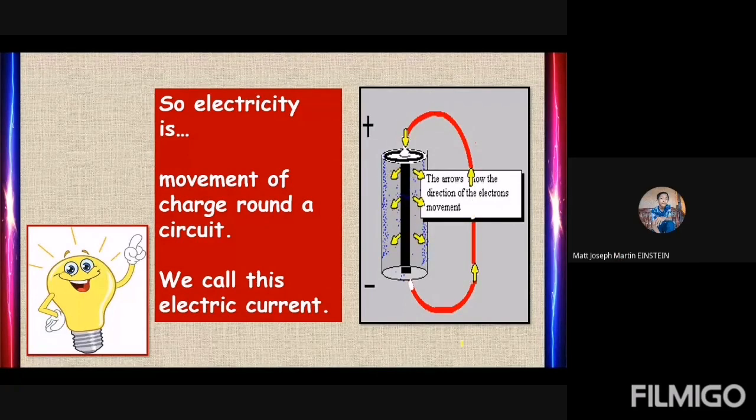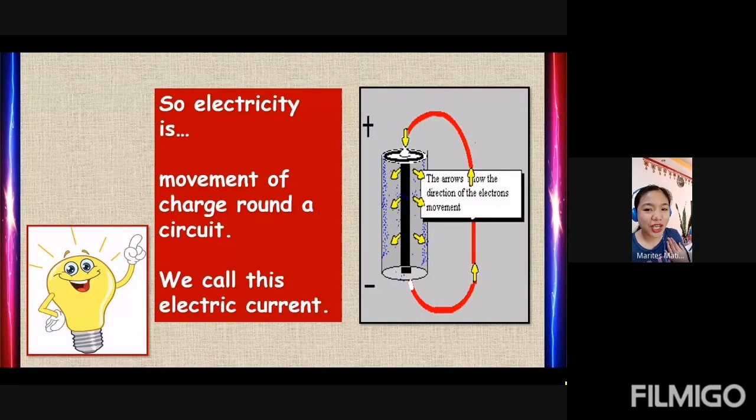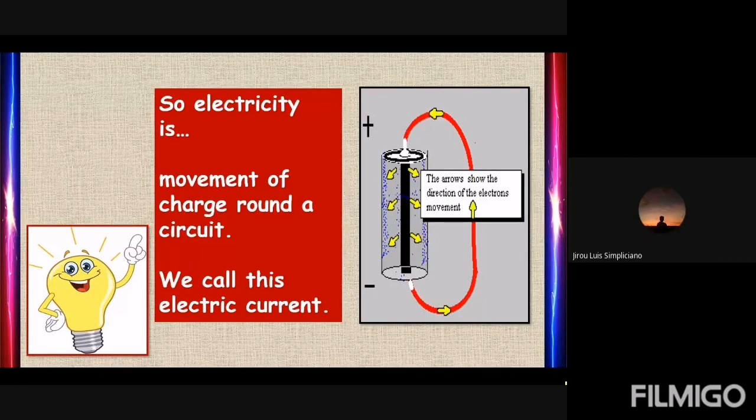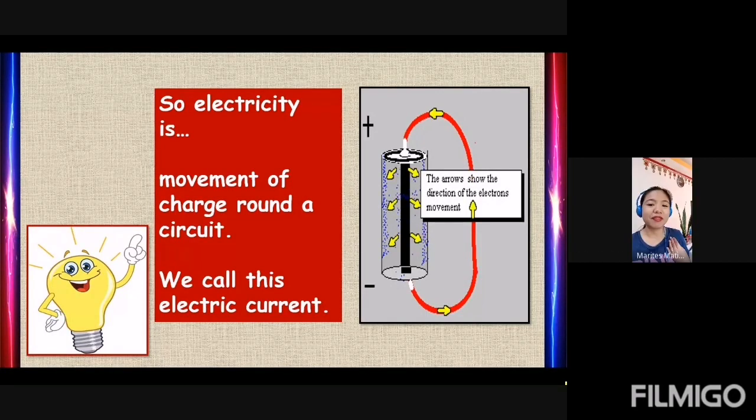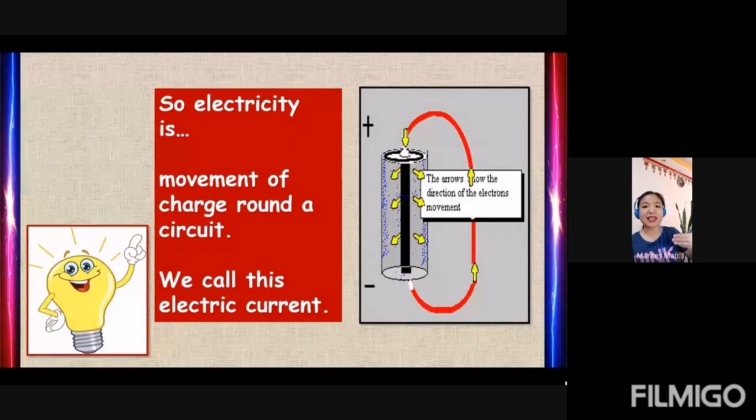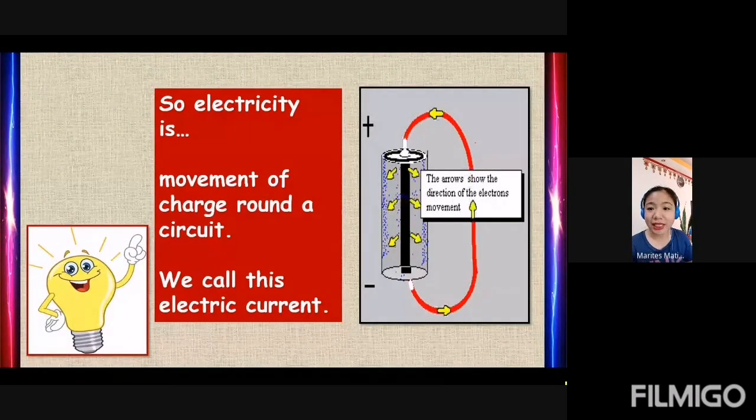Negative to positive, very good, Zero. So, if that's the case, there is now a movement of electrons in a circuit. That is what we call electric current. The arrow shows the direction of the electrons in a circuit.